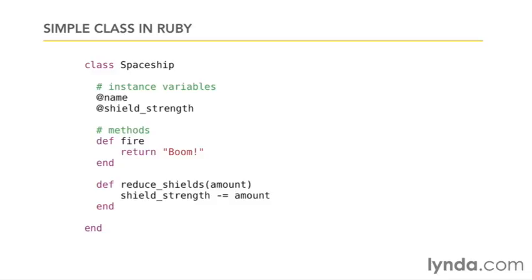So for example, the @ sign in front of the variable names name and shield strength is how we say these are instance variables. Ruby's convention for naming them would be to use the underscore between multiple words rather than an uppercase letter. Technically speaking, because Ruby is so dynamic, we wouldn't even need to declare these variables like this. We would just use them if we needed them.